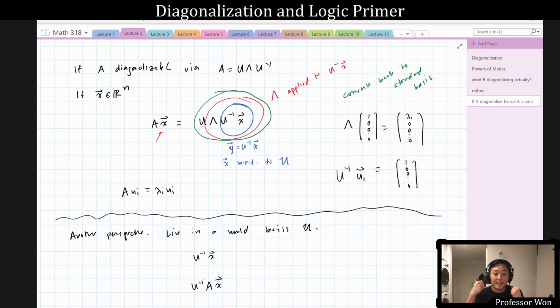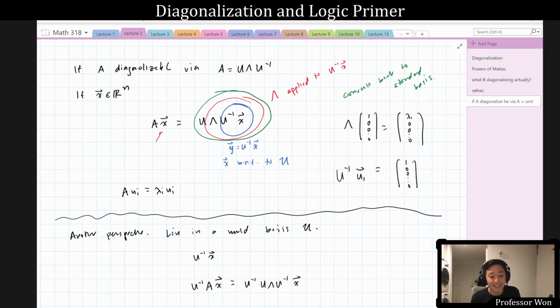So I give you the vector x and the vector Ax. I say, here's the vector that I started with, here's what A does to it, here's Ax. You live in a world where the basis is u. So to you, these vectors are u inverse x and u inverse Ax. But of course, u inverse Ax is just u inverse times A times x, and A is just u lambda u inverse.